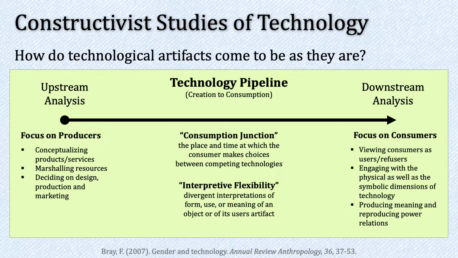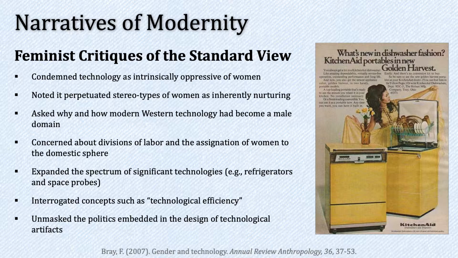Relatedly, we introduced the idea of the technology pipeline and how feminist critiques of modernity have helped us learn to ask critical questions that interrogate and unmask the politics embedded in the design of technology.